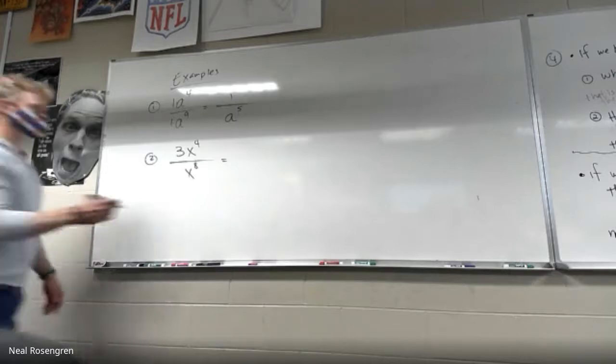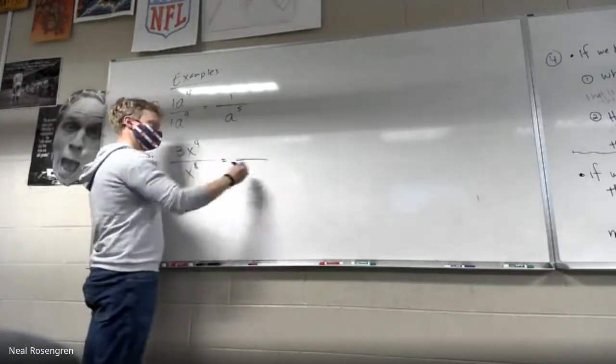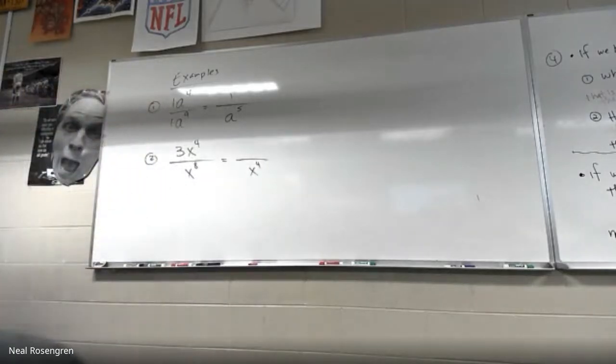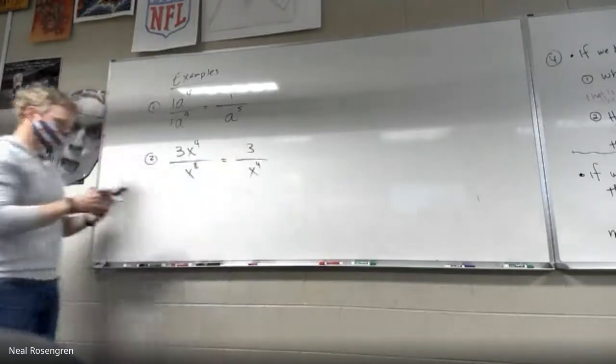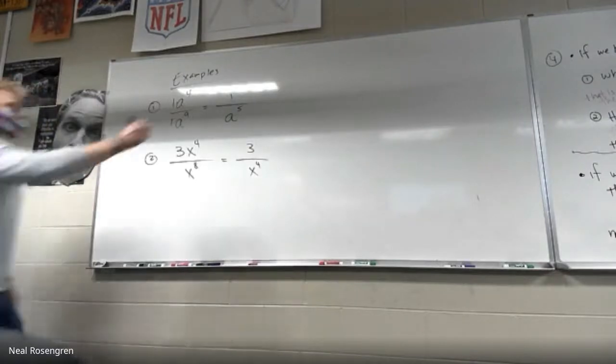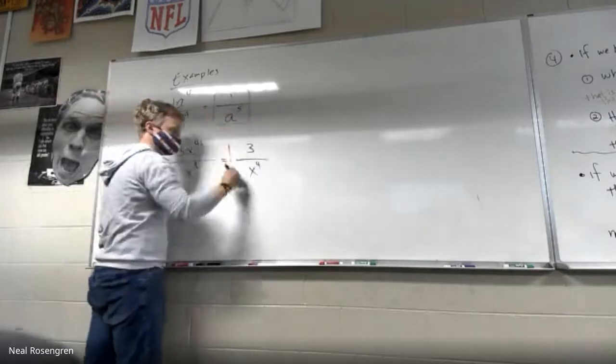Top or bottom? 4 on top, 8 on bottom. I got more on the bottom. I got 4 more on the bottom. So what's left at the top? Beautiful. Done. That's it. Box it up. Circle it. Let me know you're done.